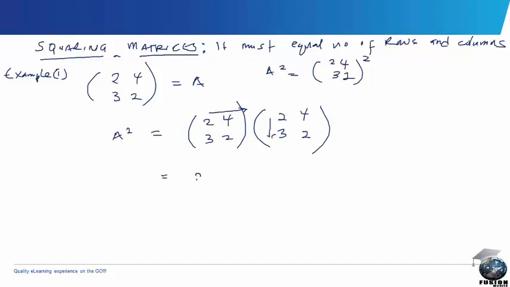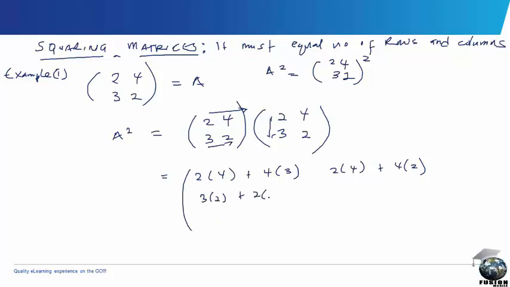So we have 2 times 2 plus 4 times 3 for the first row and the first column, and then for the first row and the second column we have 2 times 4 plus 4 times 2. Then for the next row you have 3 times 2 plus 2 times 3, and for the other side you have 3 times 4 plus 2 times 2.